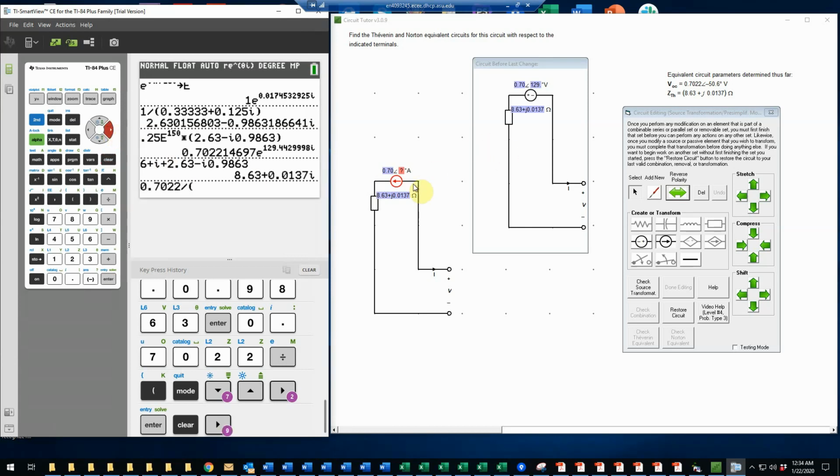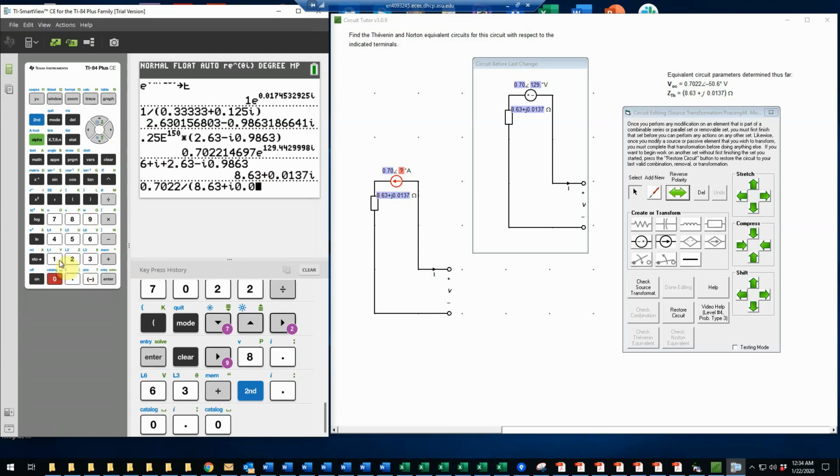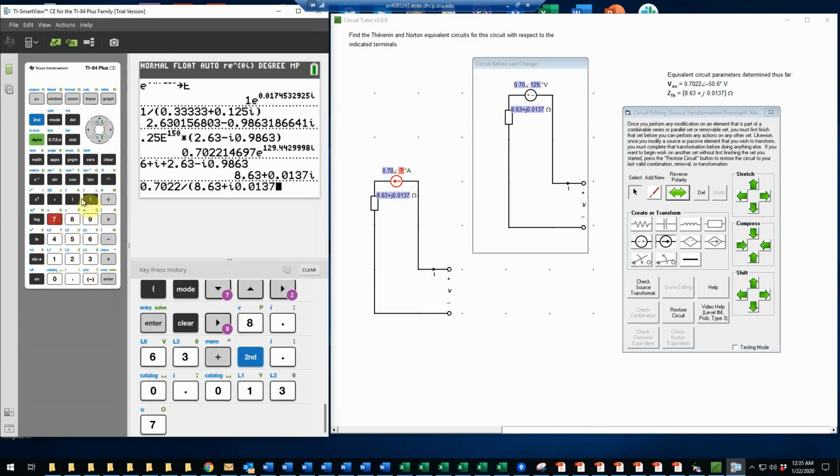Okay, so 0.7022 divided by that 8.63, and again, it has to be in parentheses here, plus j times 0.0137, and close parentheses. And that matches what's printed on the screen up here, which has a little bit more accuracy than what I can see right here.